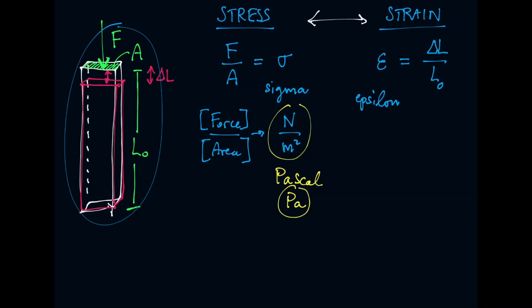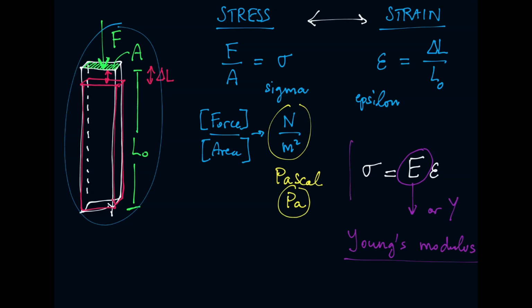In particular, we have this relationship that says that sigma, the stress, is proportional to epsilon, and the proportionality constant, very unfortunately typically called E or Y, capital Y, is called Young's modulus. Modulus. Very important.